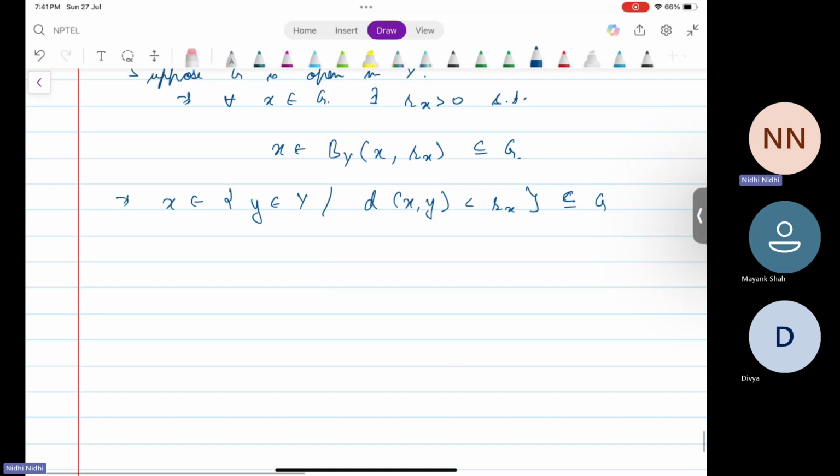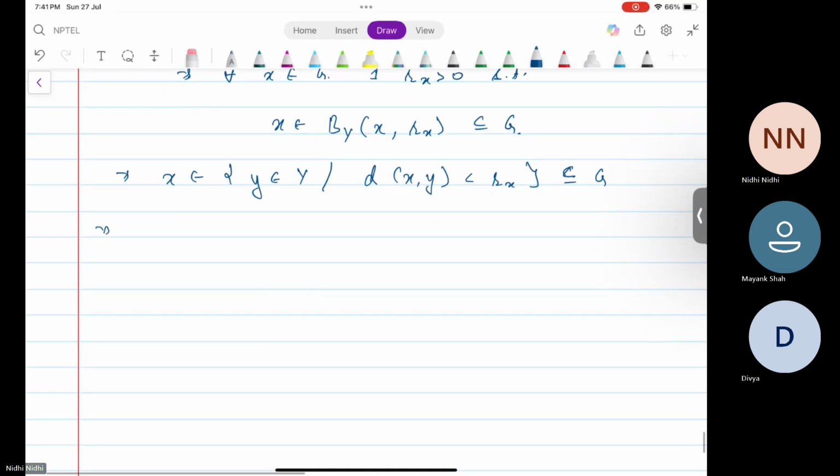Now clearly this x is in Y, and from here, this is the set of all y in Y such that d_Y(x,y) is less than r_x.